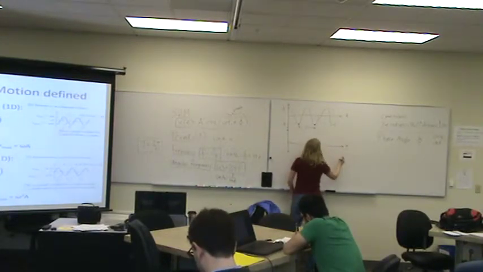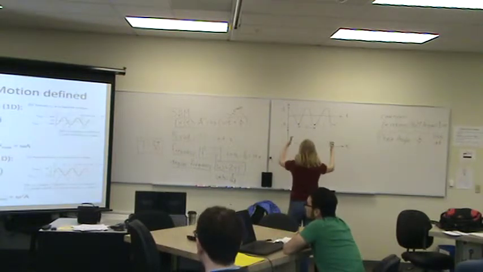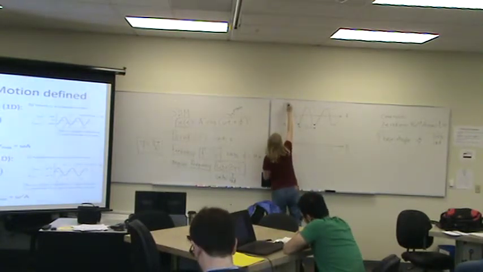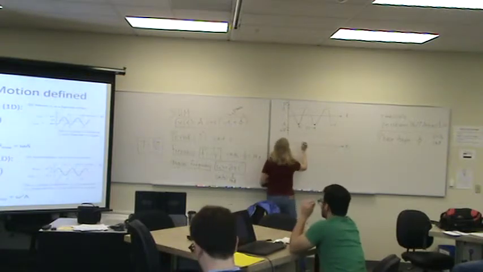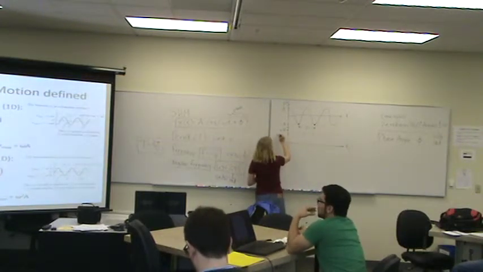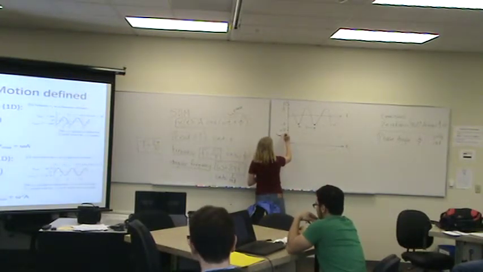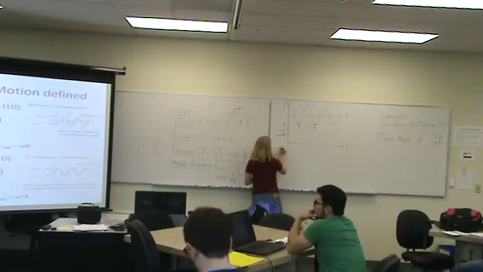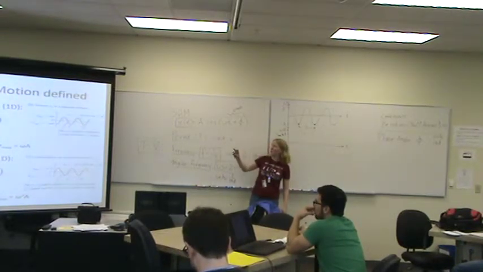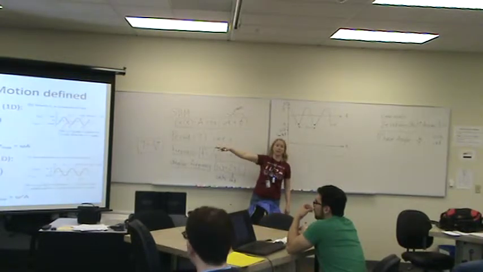A really nice way to visualize this is to draw it directly beneath your position graph. So there's our position as a function of time, and our velocity as a function of time. Here V max is omega A. We had a cosine before, and then the derivative gave us a negative sign.